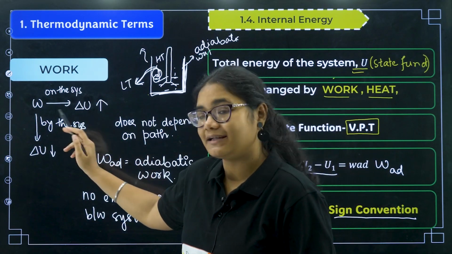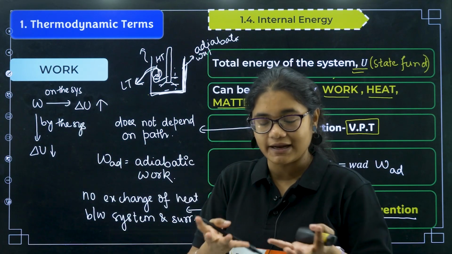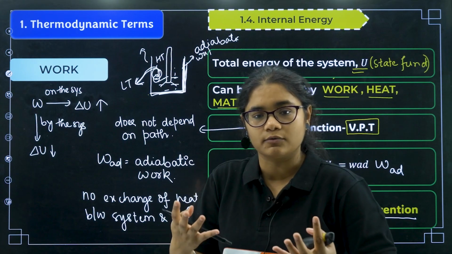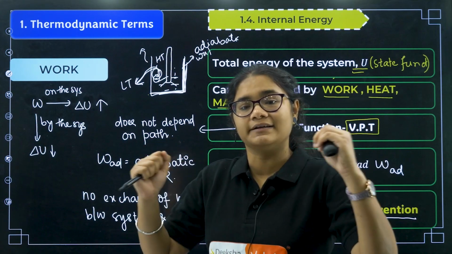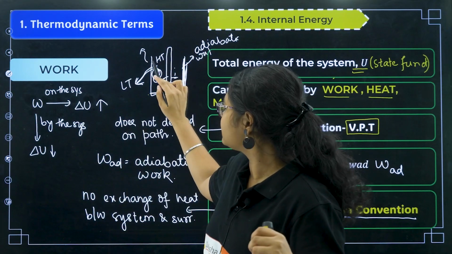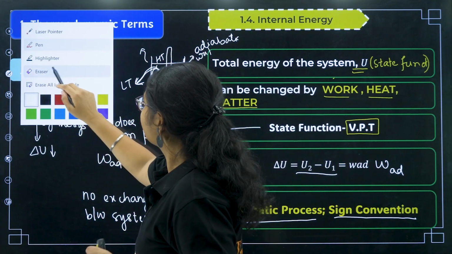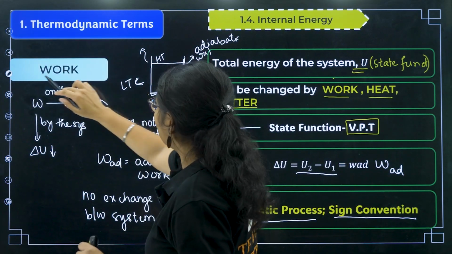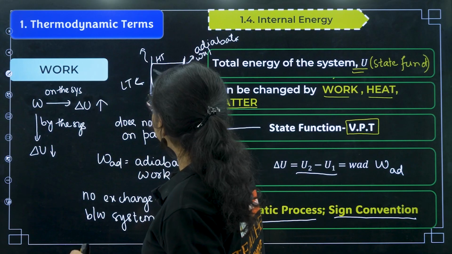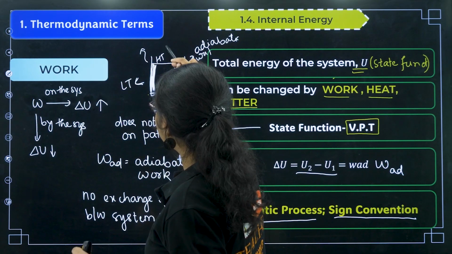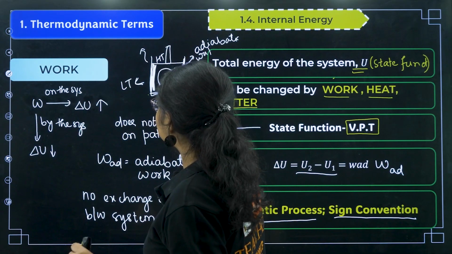If work is done by the system, if the system itself is doing some work, if the system is expanding by itself, suppose here one piston is there. Let me take one example. Suppose here we have this adiabatic wall, and here we have a piston. Now what is this system doing?